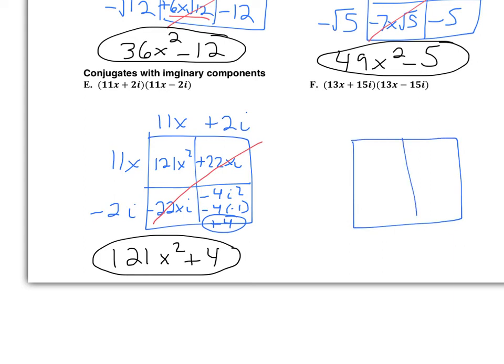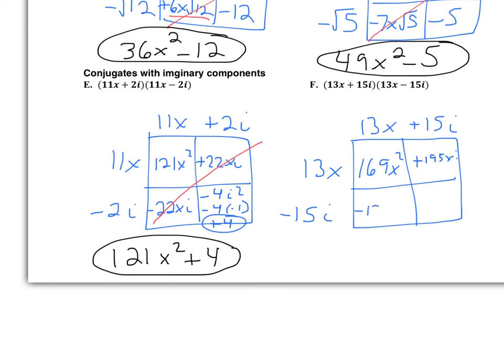Let's take a look at F. We have 13x plus 15i and 13x minus 15i. So we get 169x squared plus 195xi and minus 195xi.